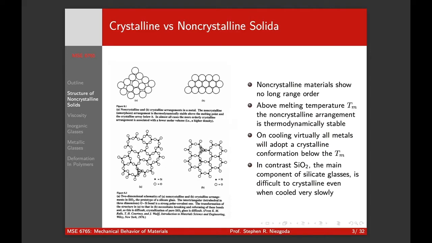If you want to crystallize, you have to break and reform a lot of silicon-oxygen covalent bonds, which is very difficult to do at temperatures significantly below the melting point. So metals crystallize very easily. Inorganic glasses, on the other hand, tend to crystallize very, very slowly.